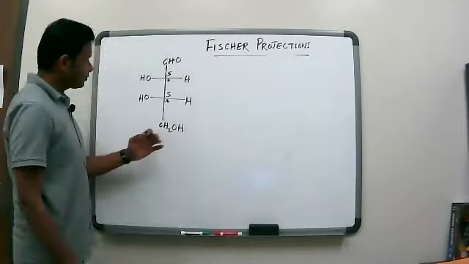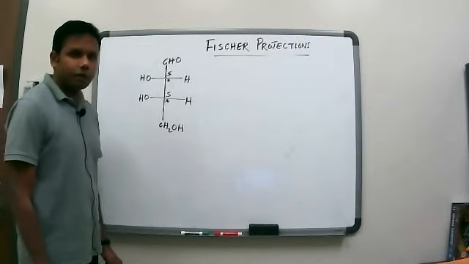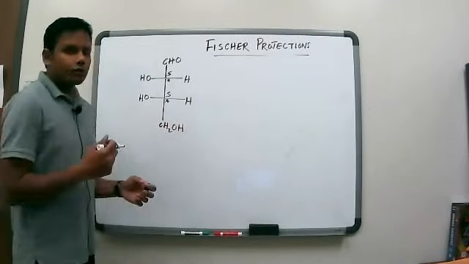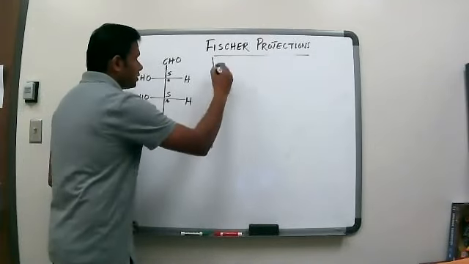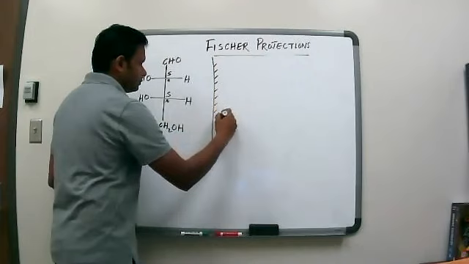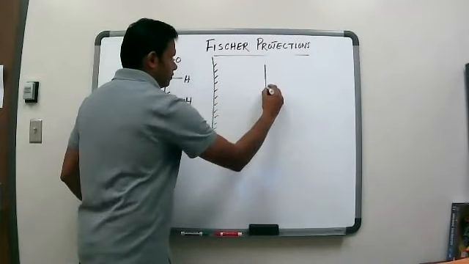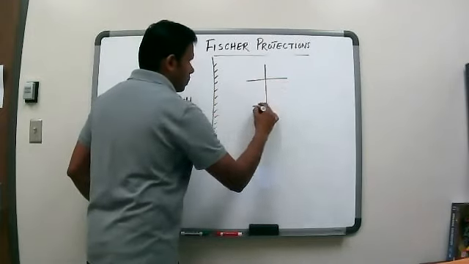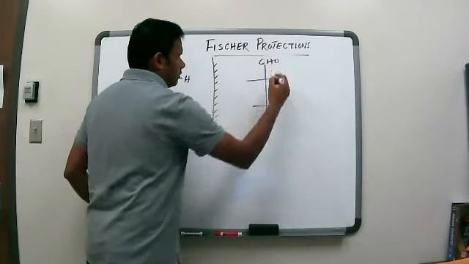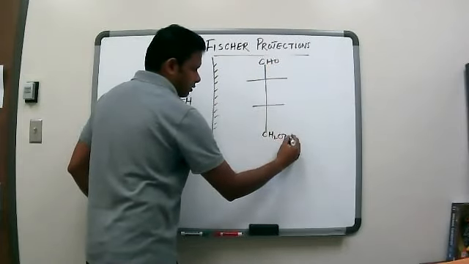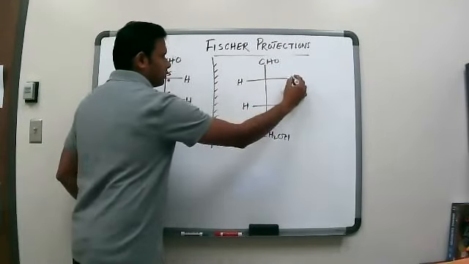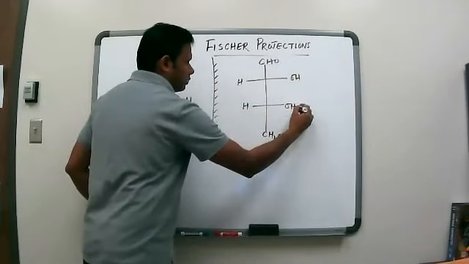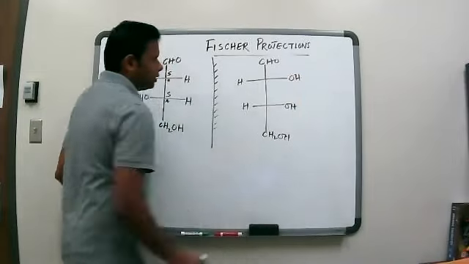So now that we have the Fischer projection, and let's say if you want to draw its enantiomer, what would be its enantiomer? It would be this molecule here.